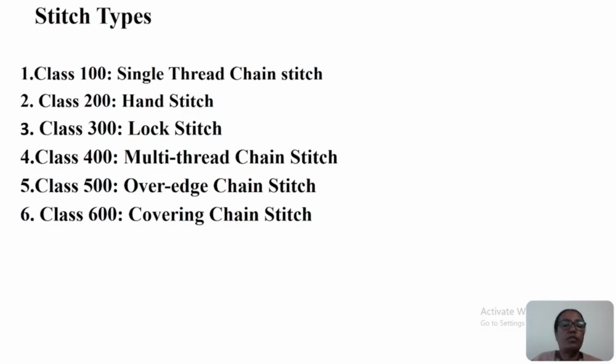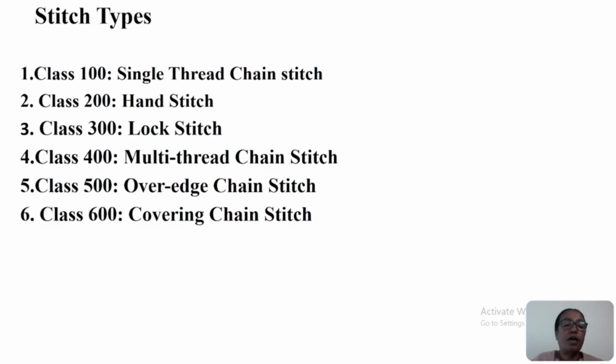This stitch type is versatile. This lock stitch uses a lower thread from the bobbin and an upper thread from the needle. Class 400, multi-thread chain stitch. This stitch type uses more than two threads, or it has more than two needles.